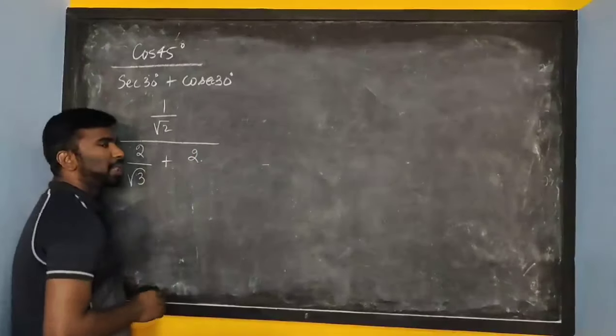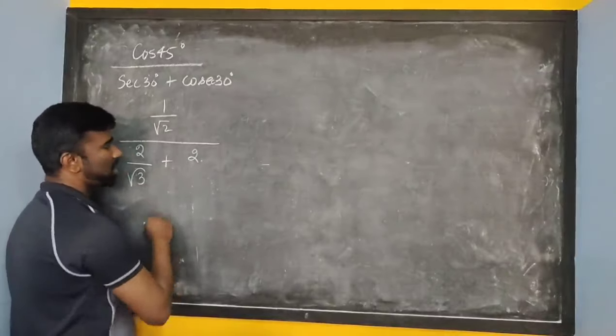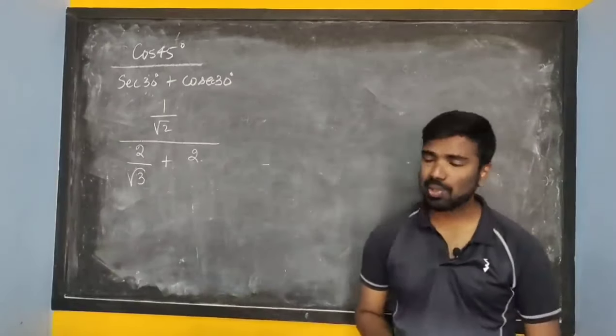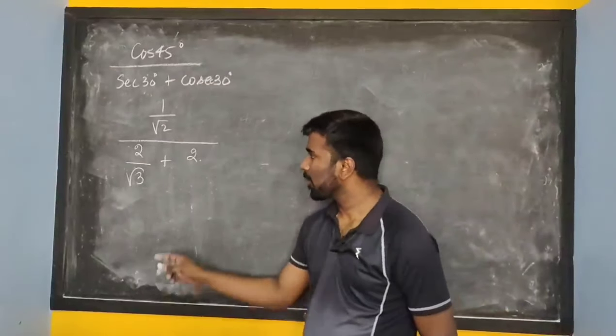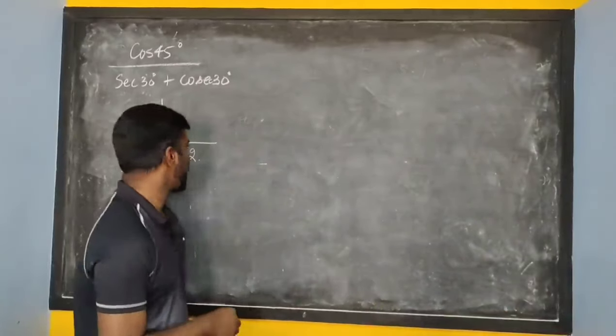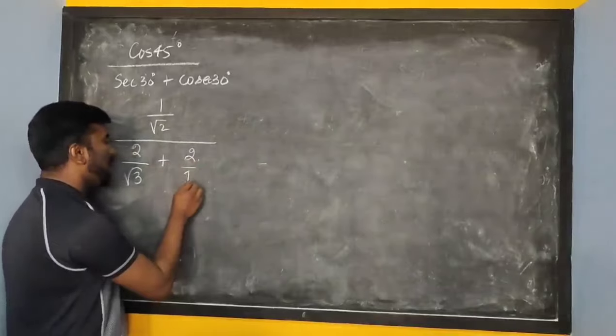Students, you should be able to remember all the standard angle values so that you should practice the table of standard angle values for trigonometric ratios. Now the next step is take LCM in the denominator. I'll write 2 as 2 by 1 and I'll use what?